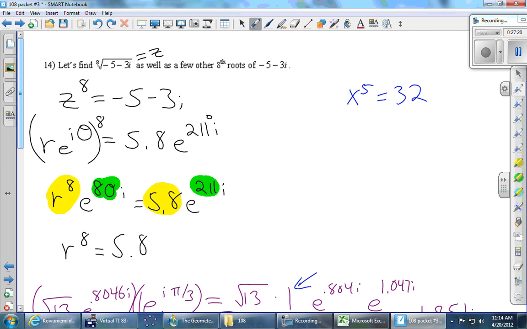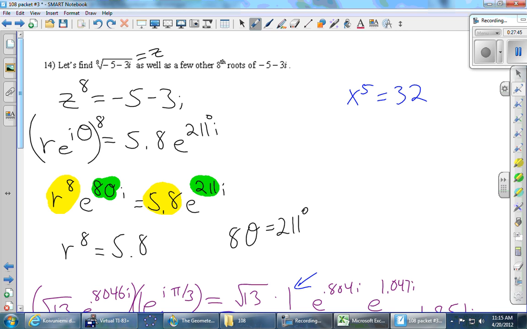R to the 8th is 5.8. And 8 theta is 211.